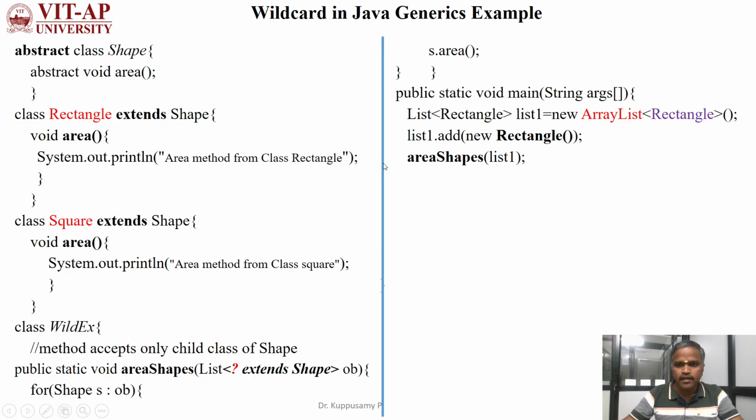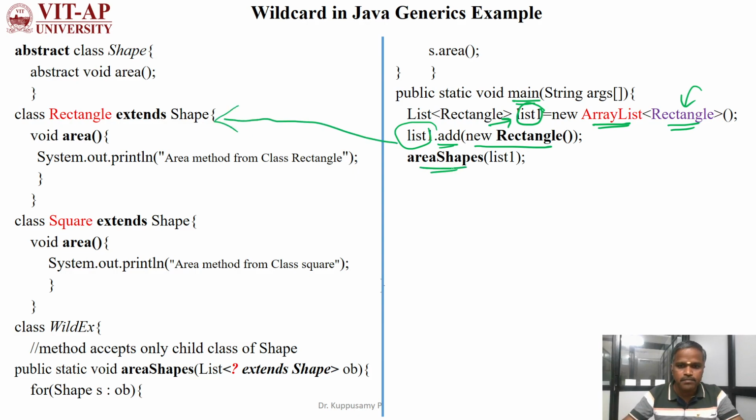Based on that, in the main method I am creating the list as an object. In the array list I am defining the rectangle class, a user defined class. Then I call the constructor, which is added into the list. So now the list has the constructor of rectangle. Automatically the control is passing over here.